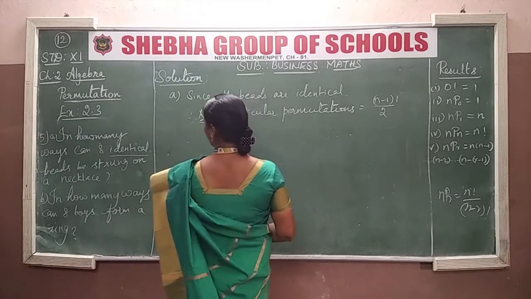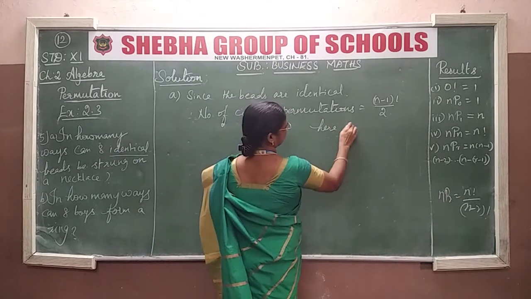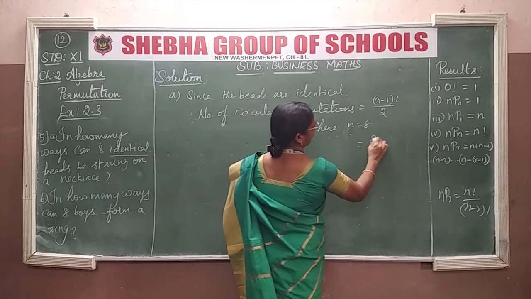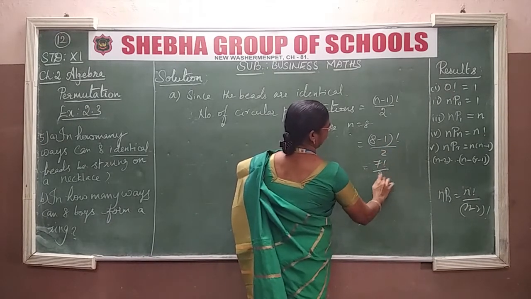Here n is what? There are 8 identical beads. Here n is 8. Using it, (8 minus 1) factorial by 2, we get 7 factorial by 2.